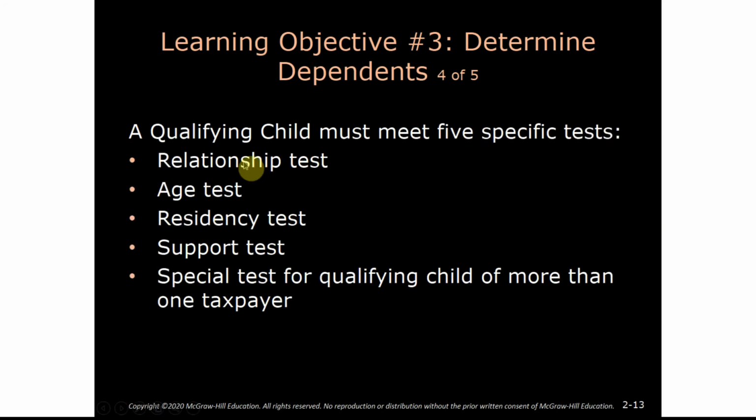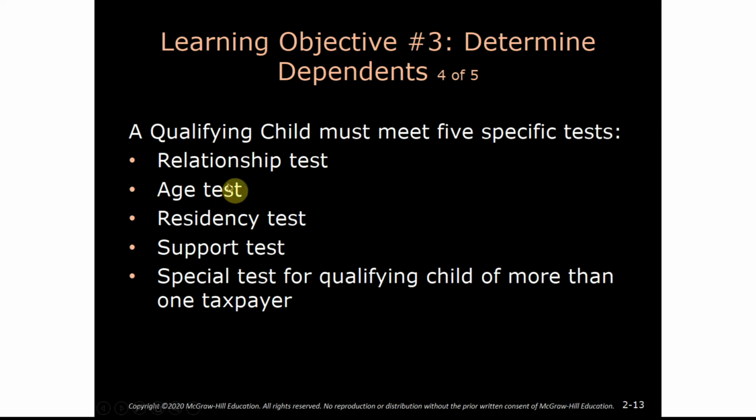We're looking at the relationship test. That is one of 5 tests that must be met in order to claim a qualifying child as a dependent. The relationship test, of course, could be the child or a descendant of the child, such as a grandchild or great-grandchild, stepchild, foster child, for example, brother, sister, half-brother, half-sister, stepbrother, stepsister, or a descendant of them would qualify as a child.